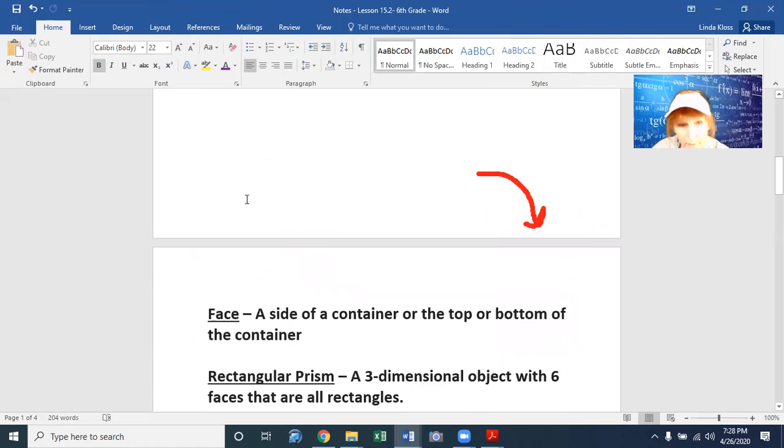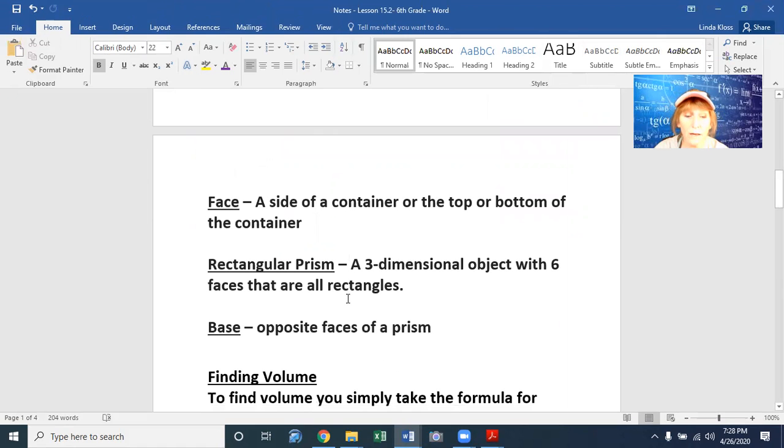Okay, let's go on and look at what is a face. Well, a face is the side of the container, or it could be the top, or it could be the bottom of the container. The base could be the bottom or the top, or it could be the left or the right. It's the opposite faces of a prism.